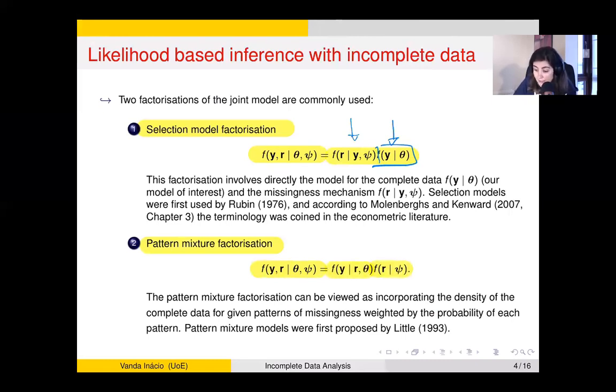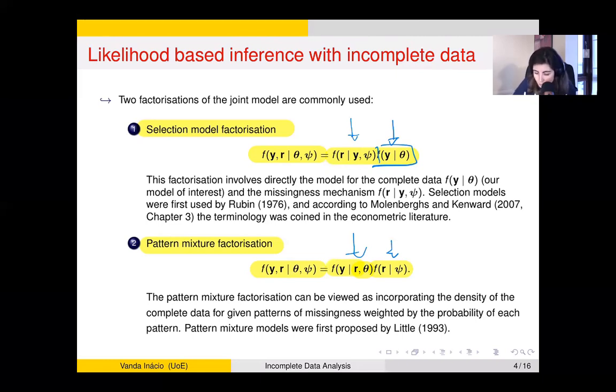The first term, sorry, this first term is the density of the complete data, of the Y's, for given patterns of missingness. And this is the probability of each missing pattern. In fact, this corresponds more to what we observe in practice.